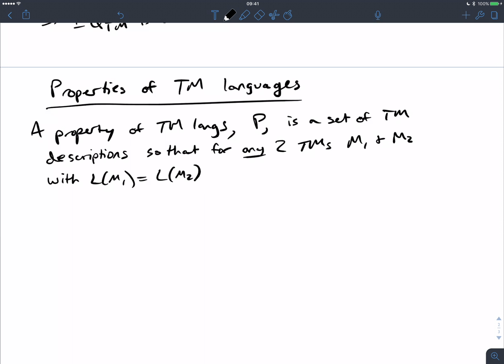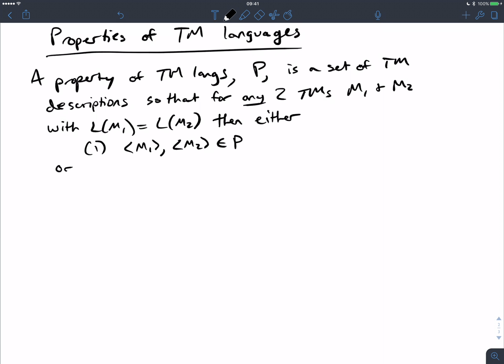So what we're going to say is then either both descriptions are in this property of Turing machine languages P, or they're both not in P. If it's an actual property of Turing machine languages, then it can't be the case that one of them is in P and the other one is not.